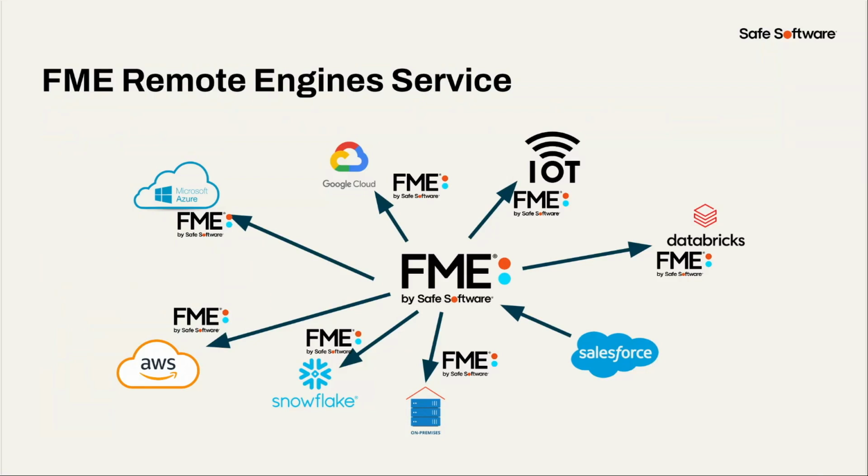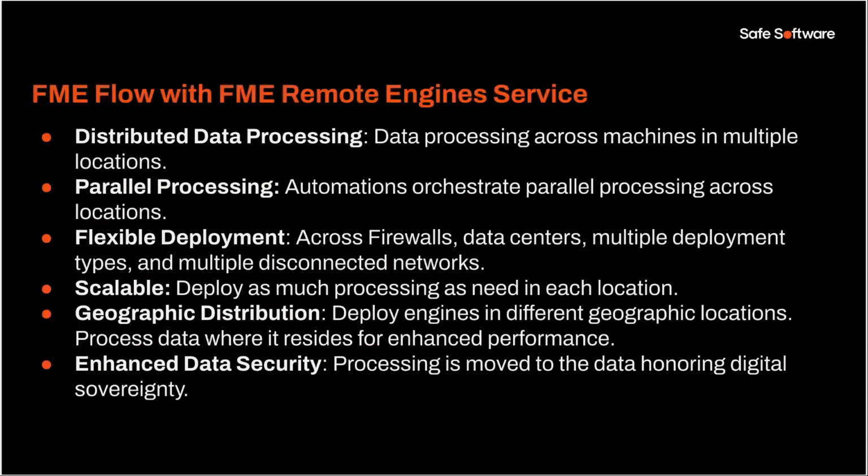So what are you getting out of this? We're getting distributed data processing. We're getting parallel processing. We're getting a flexible deployment, so you don't have to worry about firewalls and data centers as much anymore. You're getting scalability, with the engines on the nodes and sharing the engines across all of the remote engines and the primary server.